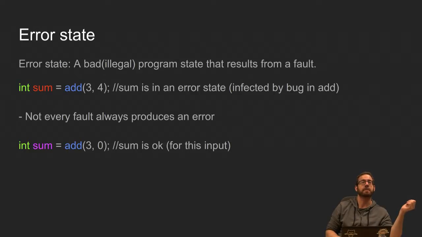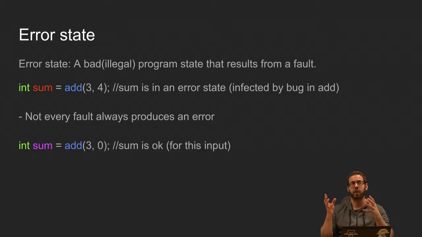So next concept is error state. So an error state is that we get into an illegal state. So the state is the values of all variables or database or everything that has values in a program. So every variable, every database, every storage file, whatever, is the state of the program.